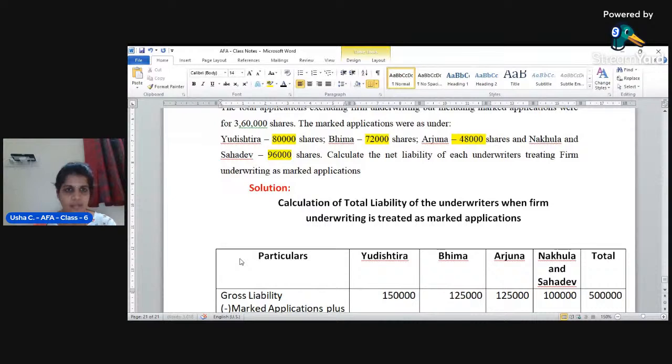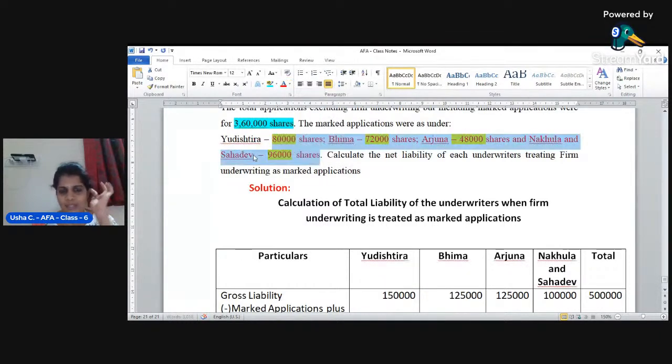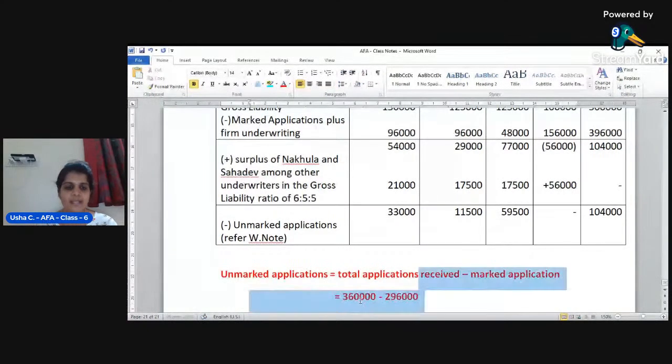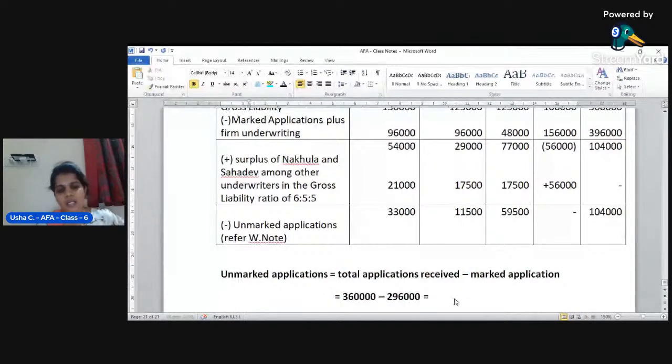Am I correct? 3,60,000 is the total applications received, out of which these are the marked applications. Now these unmarked applications must be deducted. 3,60,000 and the total of marked applications is 2,96,000, as we have calculated already. Then the difference is 3,60,000 minus 2,96,000, which is 64,000, correct?